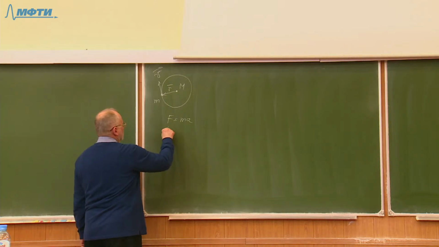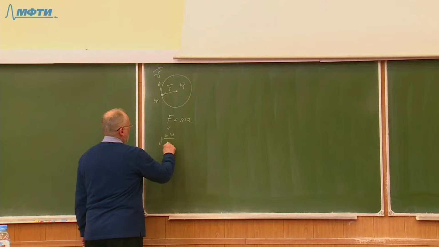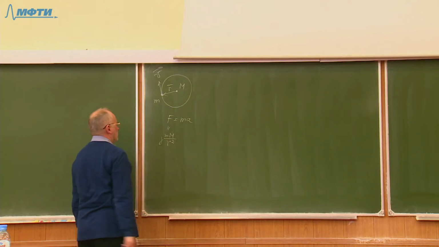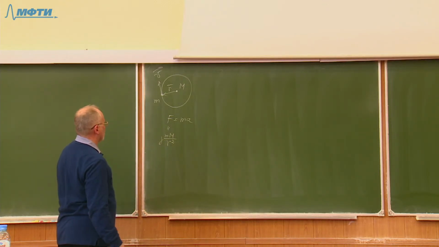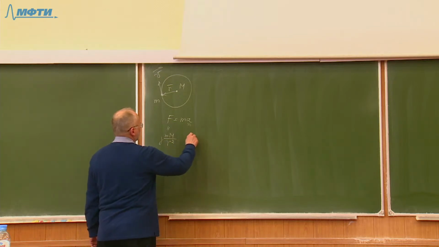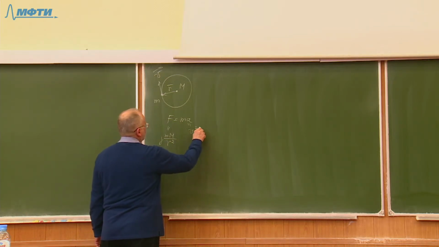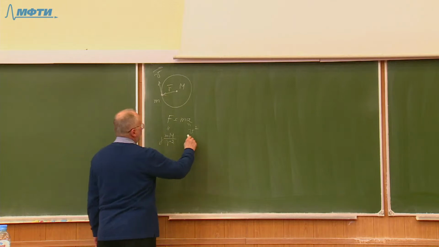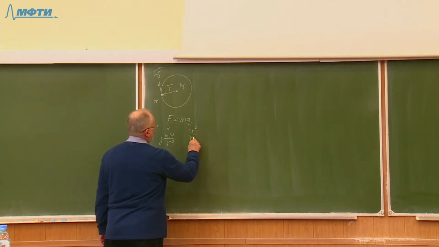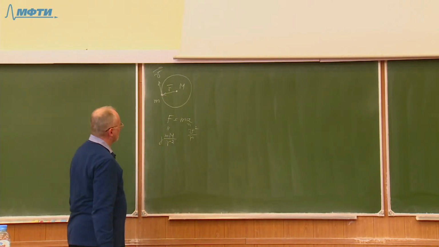And the force is equal to the force of gravity, which is Newton's law of universal gravitation. And the acceleration can be expressed using the orbital velocity of the planet squared over the radius.